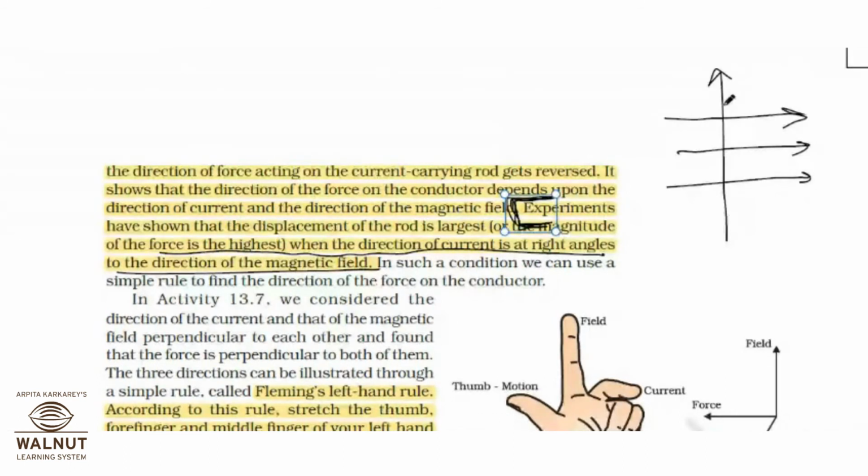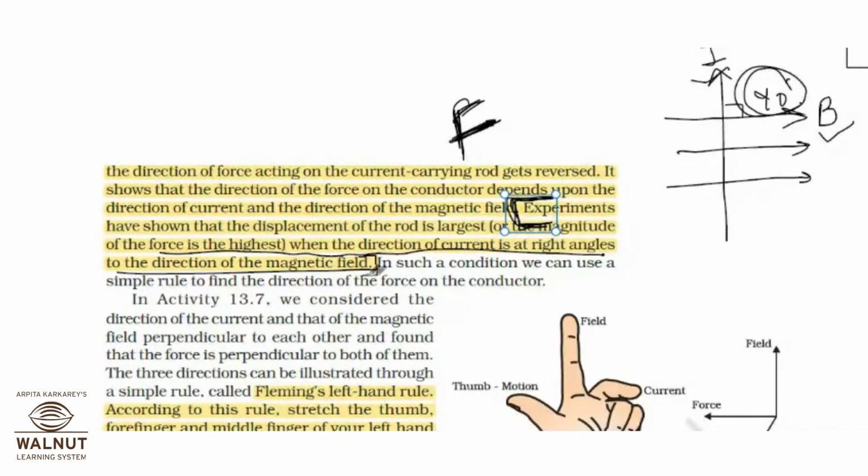What is the angle between the current and the magnetic field lines in this case? 90 degrees. So when the angle between B and I is 90 degrees, the force experienced by the conductor is largest. Therefore, the deflection experienced is largest.